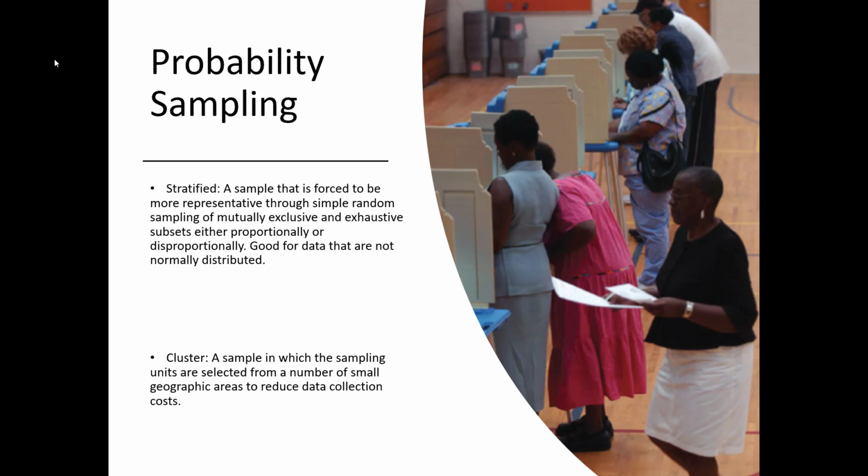All I want you to know is that stratified and cluster belong to the camp of probability sampling. That's all I want you to know. Because they're kind of complex, I don't want you guys to spend too much time on this. So just remember that these belong to probability sampling.